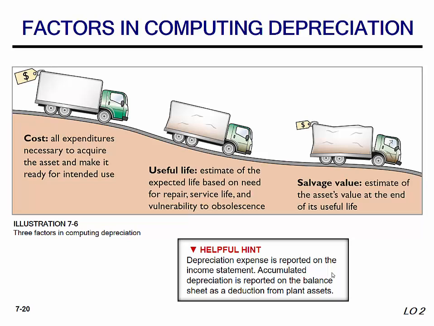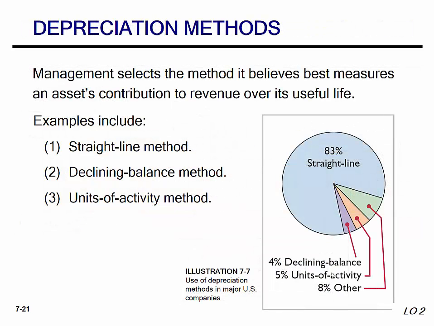So accumulated depreciation is reported on the balance sheet as a deduction from plant assets.